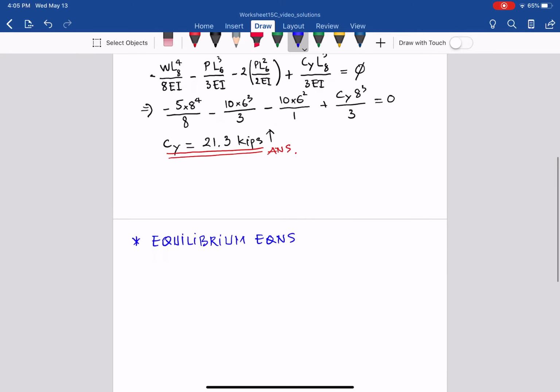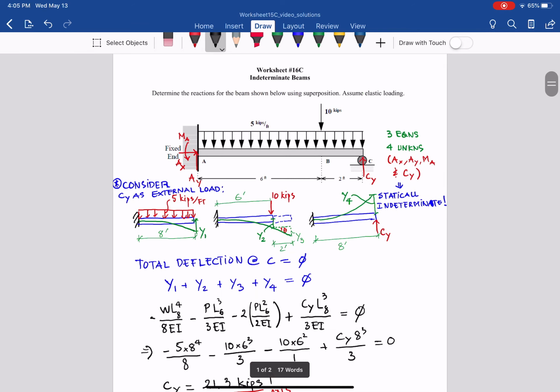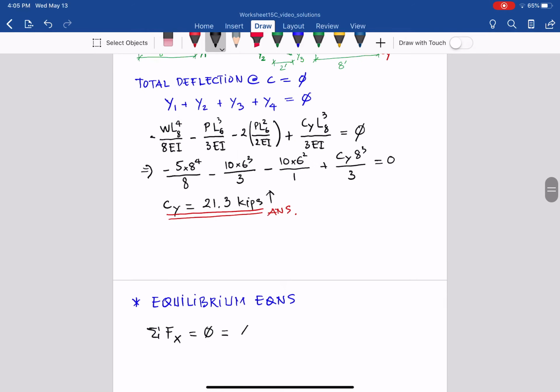So the first one: sum of all the forces in the x direction equals 0. That is just AX, so AX equals 0, which is good.